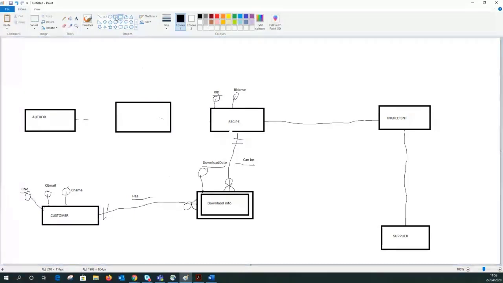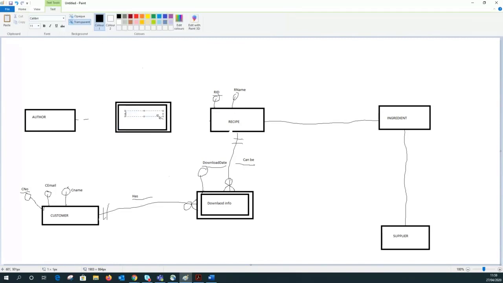Let me create that weak entity first. Here we are recording which authors wrote which recipes. For the time being, I just put author recipe.